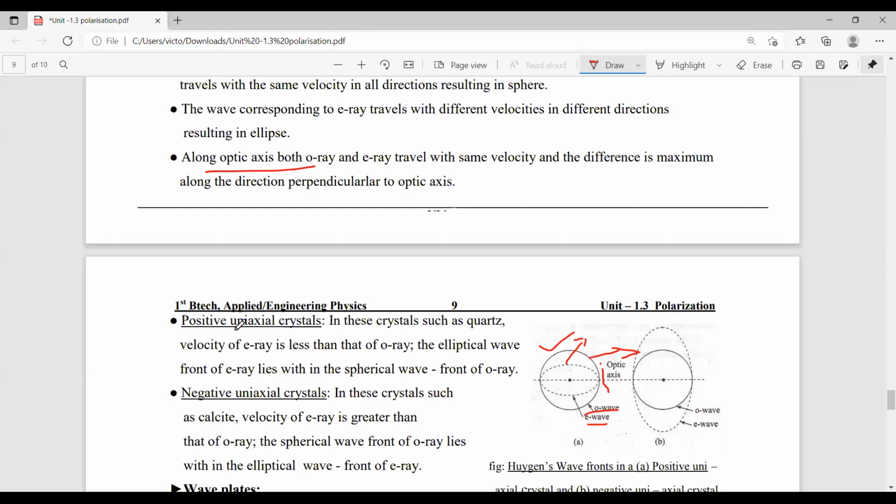First of all, what is meant by uniaxial crystal? Both travel in one direction, the same direction. But as O ray travels faster compared with the E ray, that type of uniaxial crystal is called positive. So the first figure A indicates the positive crystal.